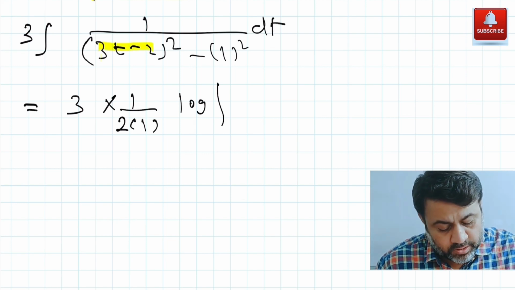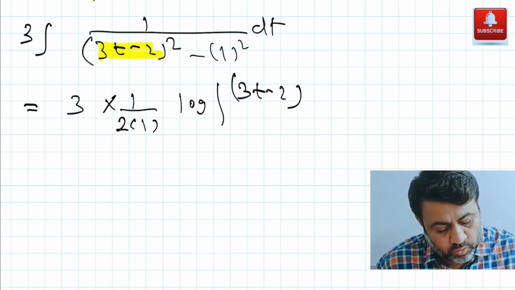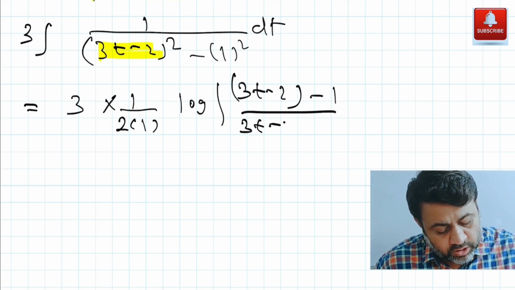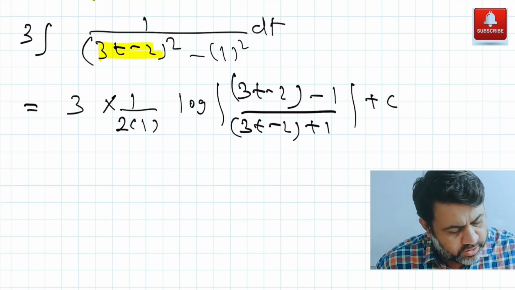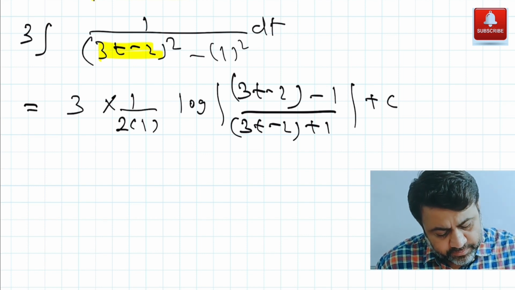So variable here is 3t minus 2, so let me write that 3t minus 2 minus constant part, that is 1 here, upon 3t minus 2 plus 1 plus c.